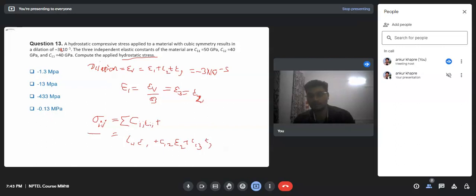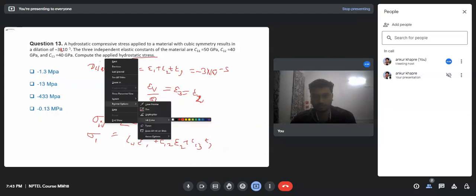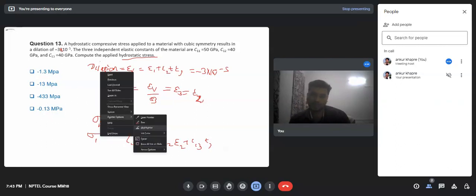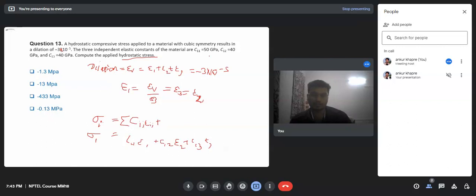If we keep these values, we'll get the value of C1. If we keep the C11, C12, C13 values and also the epsilon 1, 2, 3 values, then we'll get the answer sigma 1, that is equal to option number 1, minus 1.3 megapascal.